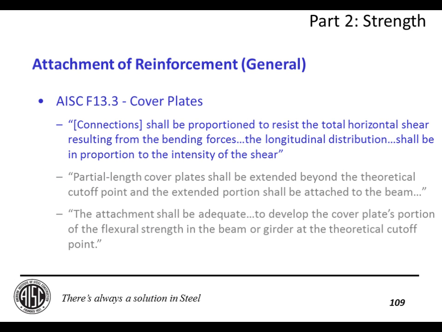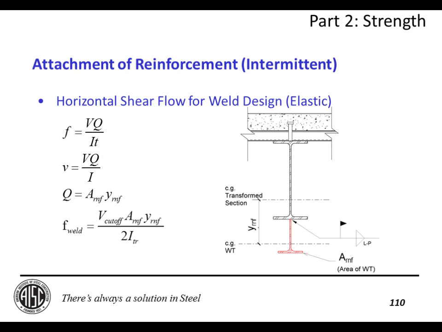All right, so that takes care of the extension and the cutoff force. What we haven't looked at yet is shear flow, which we have to address per AISC F13.3. So all shear flow is our mechanics equation, VQ over IT, and you can run through some hoops here and end up with an F weld equals the V at the point you're looking at times your area of reinforcing times Y bar of the reinforcing over 2 times I transform.